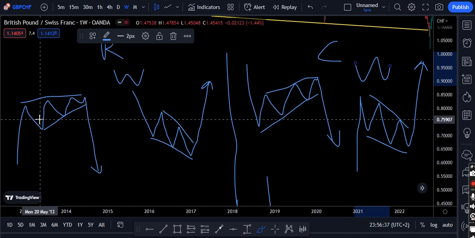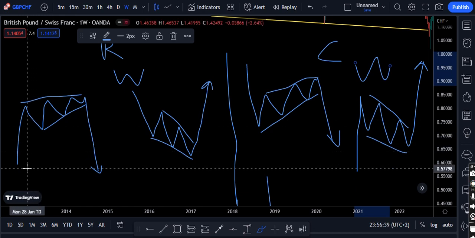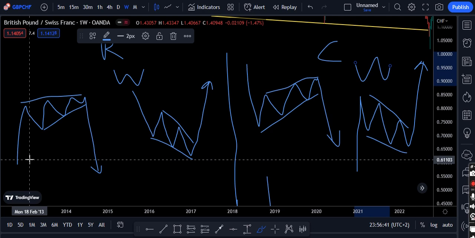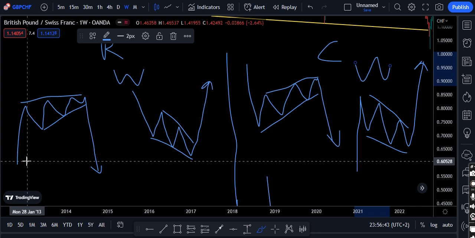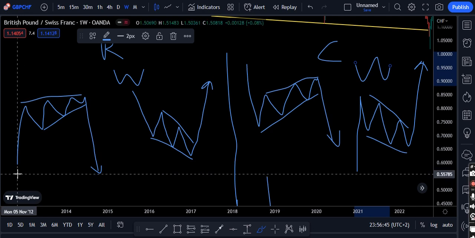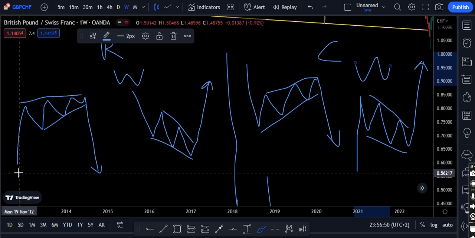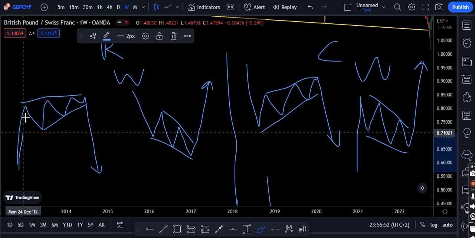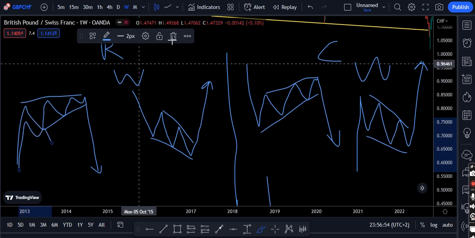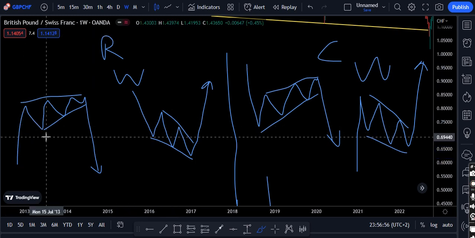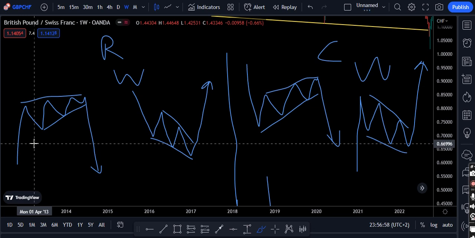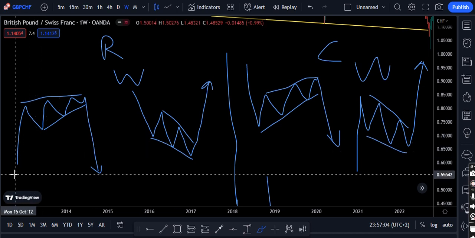Alright, so we're going to look at the wedge as a reversal. It is when we have the wedge and the correction towards the direction of the impulse.